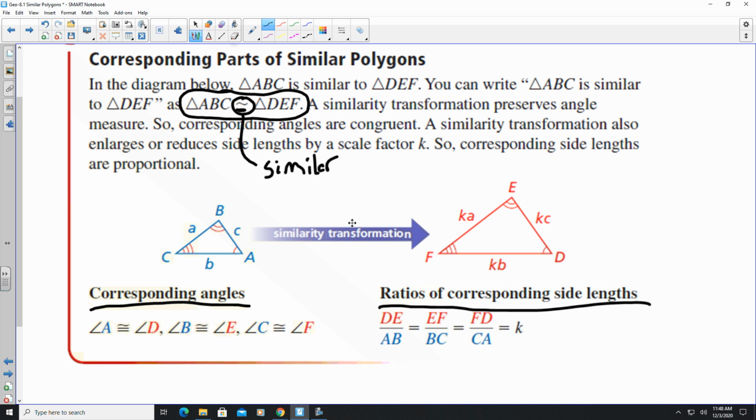This similarity statement says that triangle ABC is similar to triangle DEF. So that means that all corresponding angles, like angle A and angle D, are congruent, B and E are congruent, C and F are congruent. And then you can say that the corresponding sides are proportional as well.